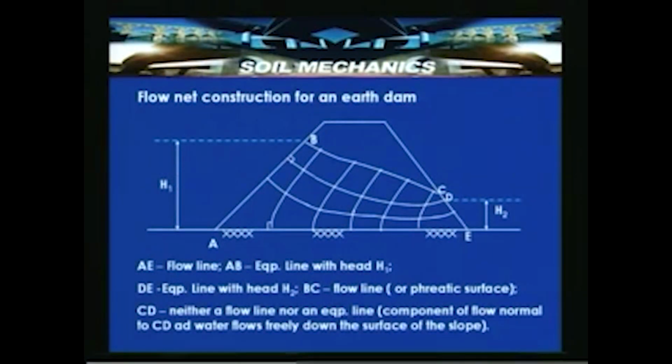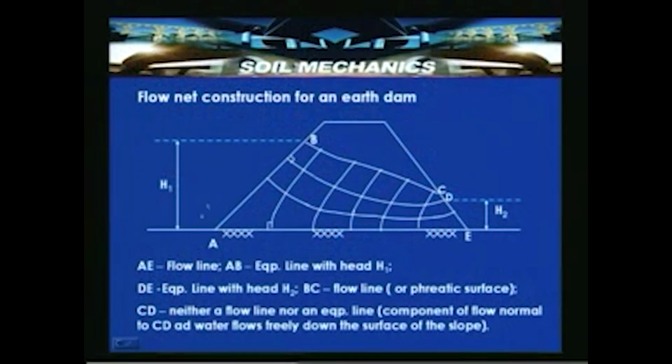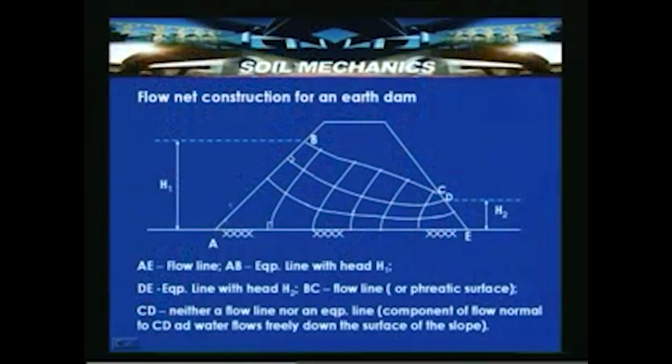So let us look into the flow net construction for an earthen dam with an upstream water level and a downstream water level. Let us consider that on the upstream side there is a head H1 and on the downstream side there is a head H2. Consider a homogeneous earthen dam with isotropic material having permeability K in both directions.